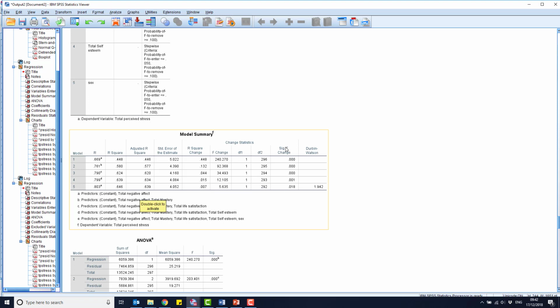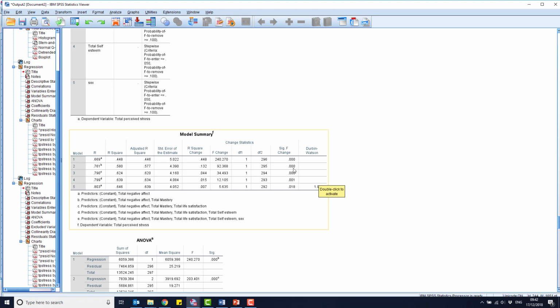And what we can see here is something called the F change. In the initial model we can see that it was statistically significant, but what this tells us is, by adding any additional variables to our model, does that add something worthwhile? Is the amount of variance that it can additionally predict by including that variable statistically significant? Is there a statistically significant change in the amount of variance accounted for? We know it's going up, but is it going up by a statistically significant amount each time?